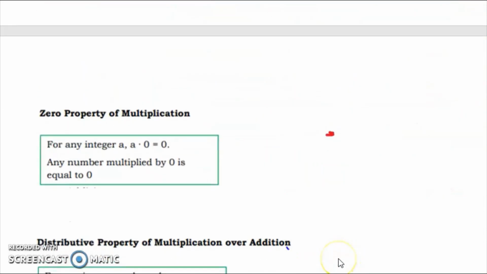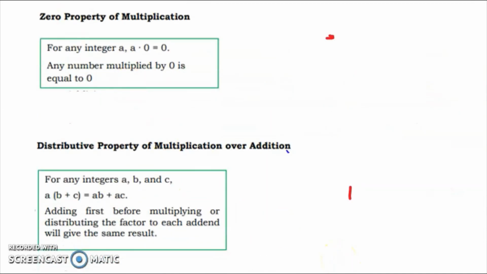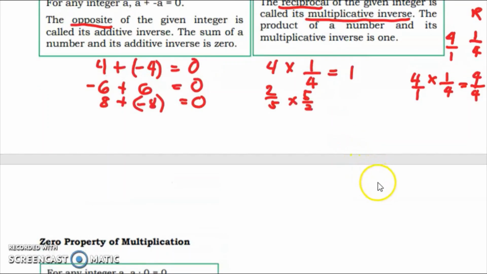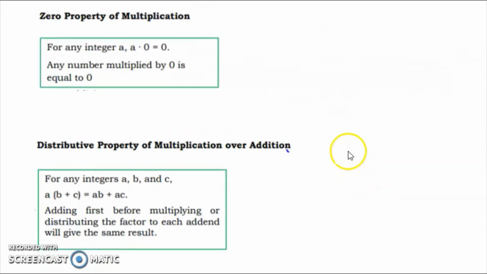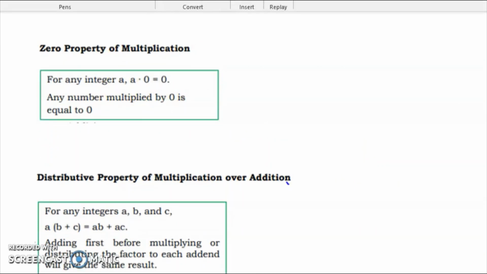Okay, next naman is about zero property of multiplication. Napakadali lang tandaan nito kasi ang lagi lang naman sagot pag nagmumultiply ka ng 0 ay 0. So, for any integer a multiplied by 0, the answer is 0. So, any number multiplied by 0 is equal to 0.